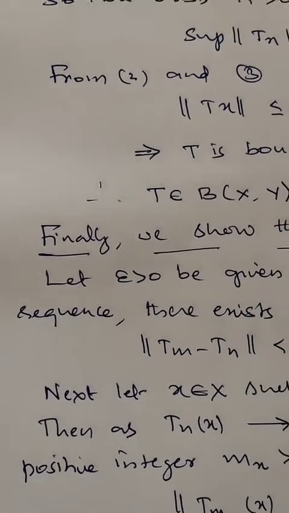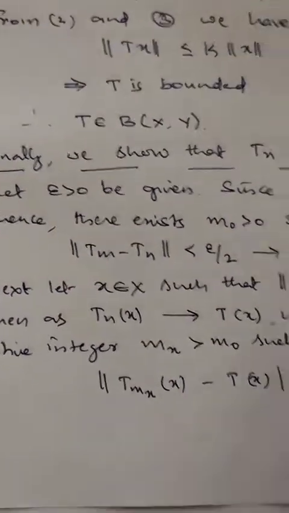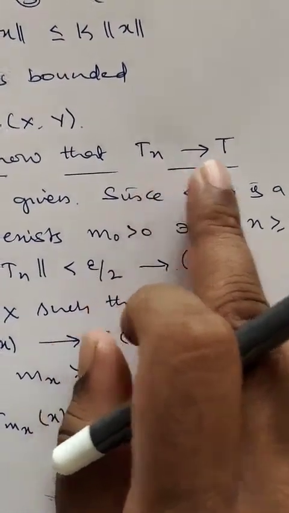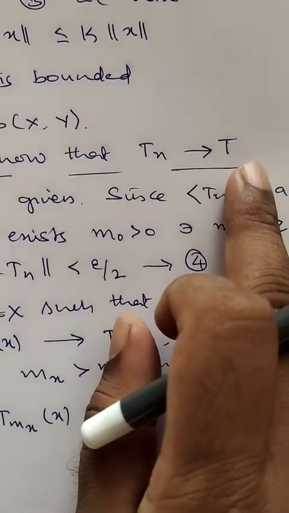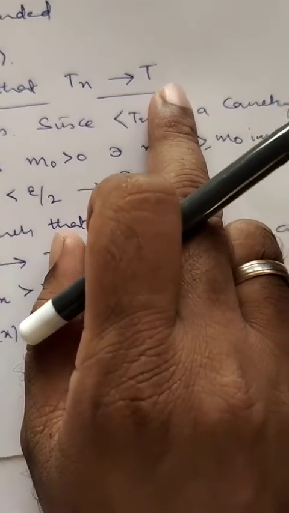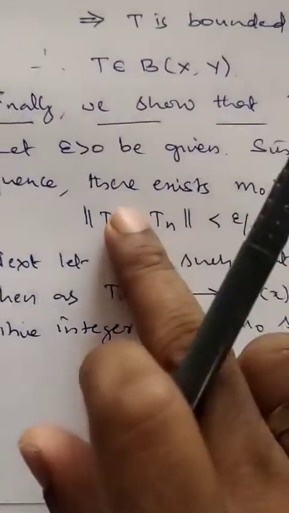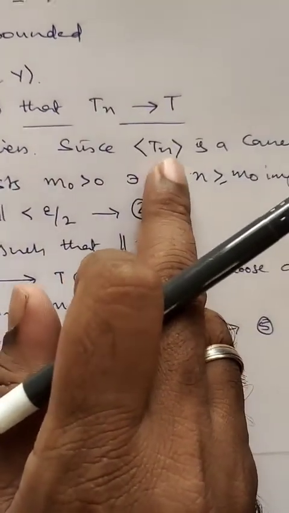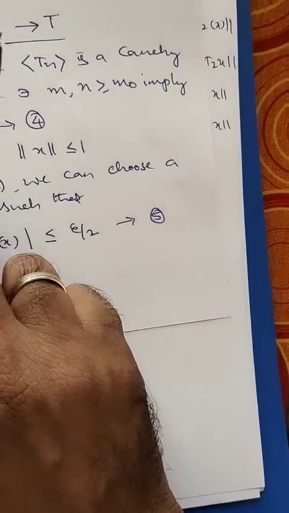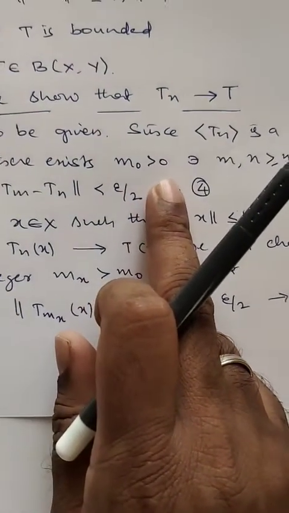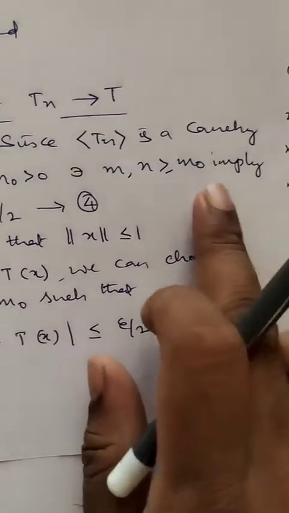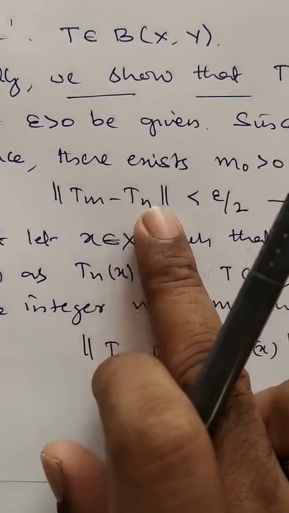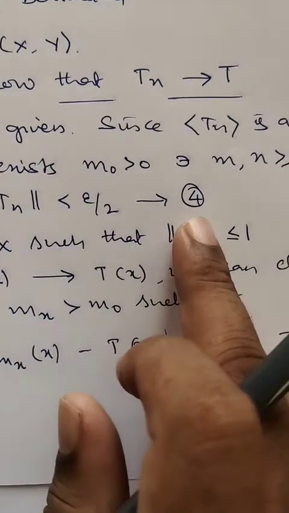The final thing is, we need to show that the sequence Tn which we consider in B(X,Y) converges to T. Okay, there are a lot of steps in proving this. So for this let epsilon be positive given. Since Tn is a Cauchy sequence, there exists a constant m naught such that m, n greater than or equal to m naught imply, by definition, norm of Tm minus Tn is less than epsilon by 4.